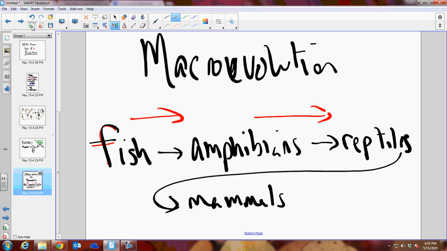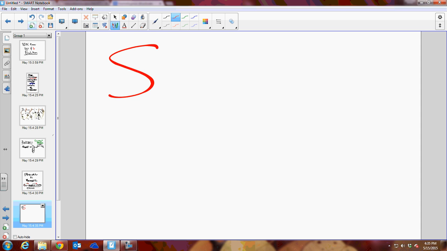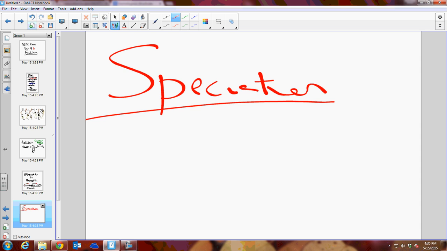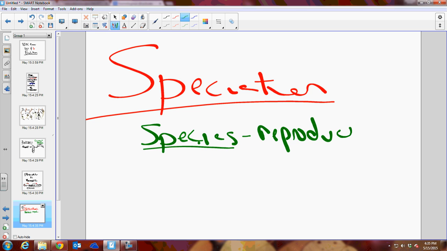Now, when a new species forms, this is called speciation. And a species, first of all, what is a species? A species is a group of similar organisms that reproduce with one another to make fertile offspring.